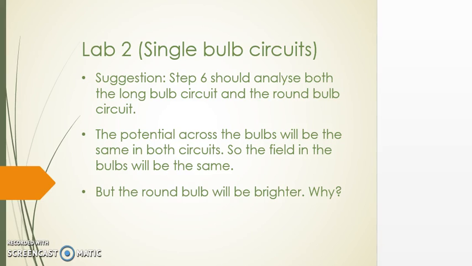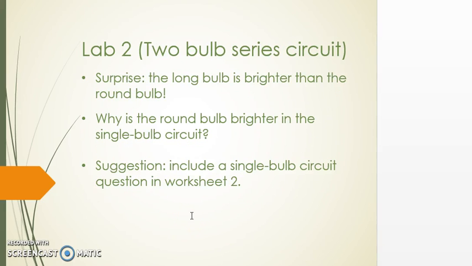So we're at the point now where we've seen two situations in which the round bulb has been brighter than the long bulb, and students could easily reach the conclusion that the round bulb is always going to be brighter than the long bulb. Big surprise!